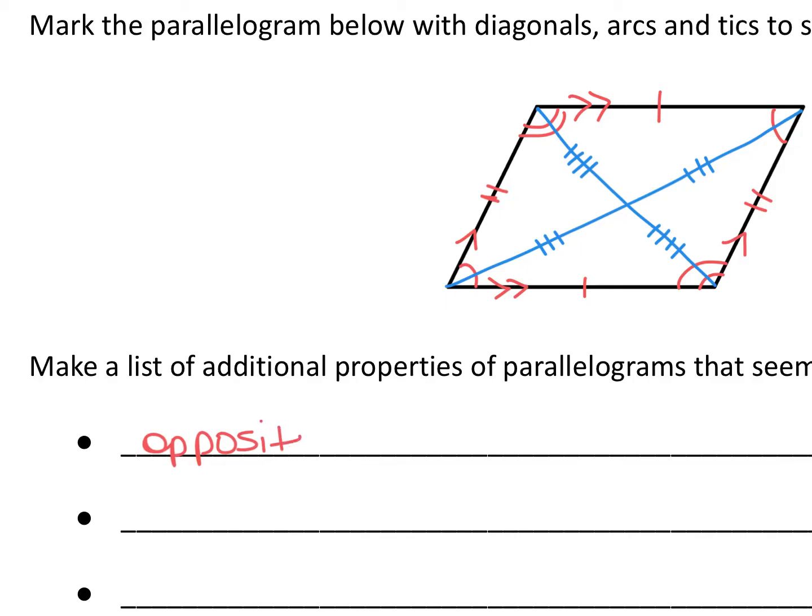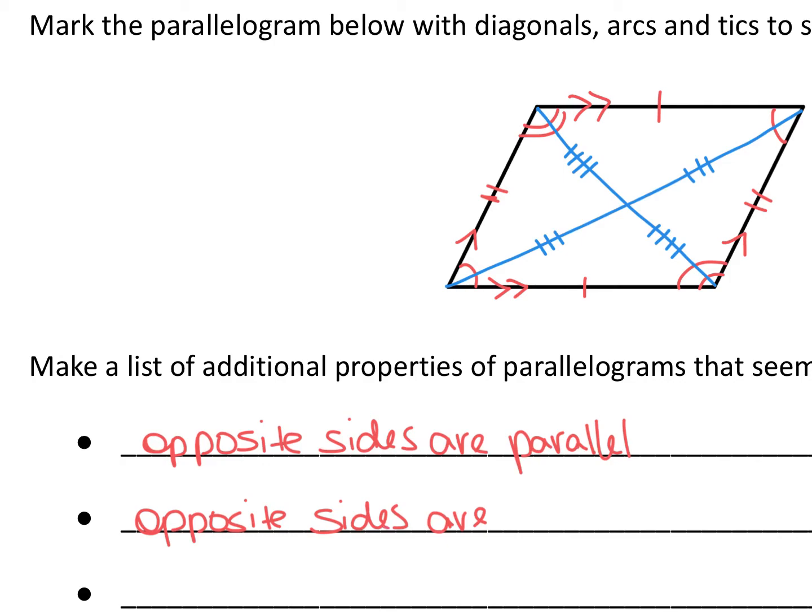Opposite sides are parallel. What else do we know about opposite sides? We also know that they're equal length, right? So they're going to be congruent. So we'll say opposite sides are congruent.